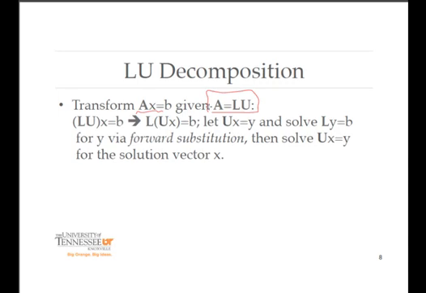So the goal is if you can factor the original matrix as the product of this lower triangular times an upper triangular, then you can solve the original linear system Ax equals b as indicated here. We would actually think of substituting that factored form in for A. And so now what we're solving is a factored form of an L matrix times a U matrix times the solution vector we're trying to find equals b.